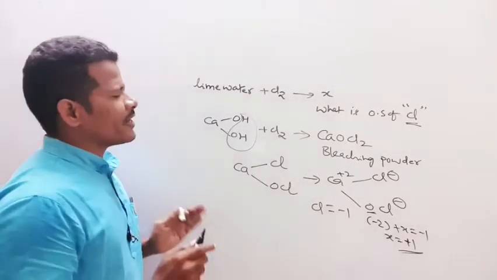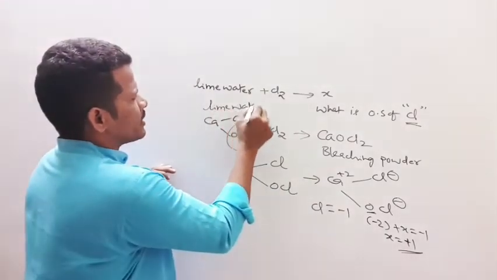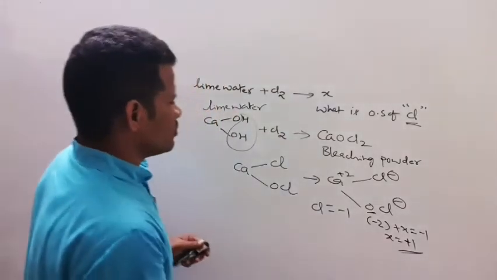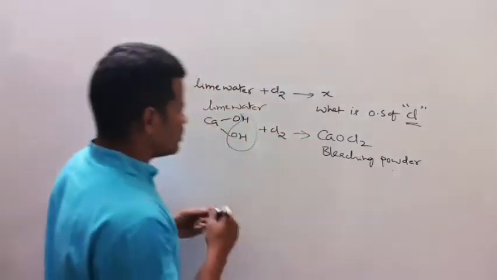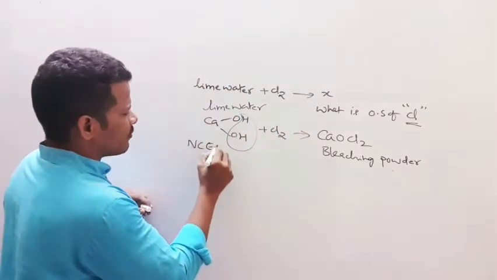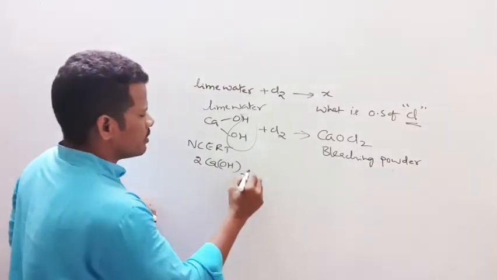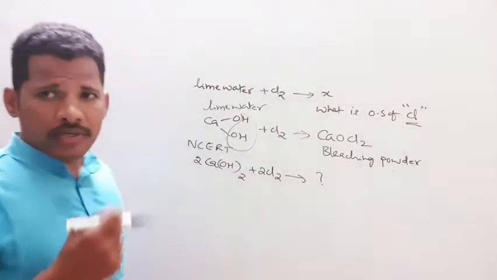Now what is the final point here? When lime water reacts with chlorine, what is the product? Bleaching powder. Now coming to the next point. According to the NCERT textbook, we have the formula like this. You take 2 moles of lime water and 2 moles of chlorine, and they ask what the product is.